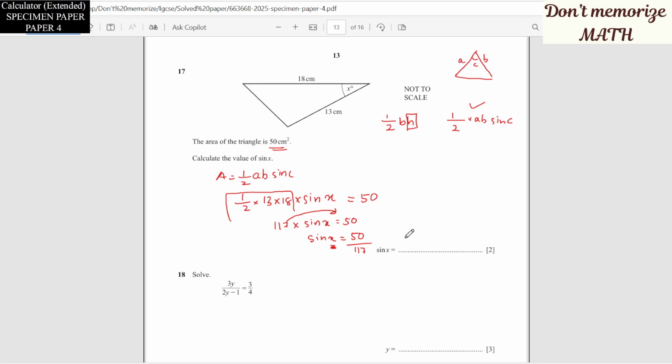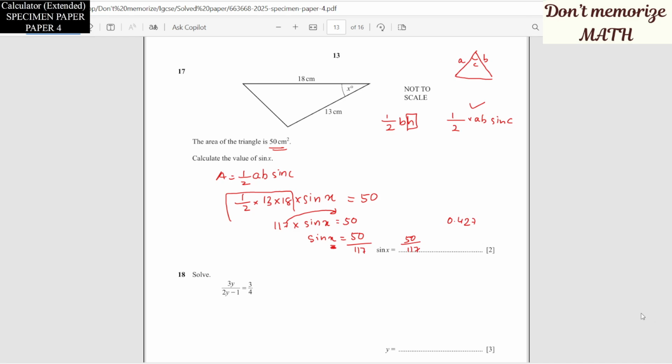So a normal fraction is fine, 50 over 117, or you can write it as 0.427, rounded to 3SF. I hope this part is clear. Suppose they are just asking for x, you need to take sine to the right side, or just take sine inverse, sine inverse of 50 over 117.